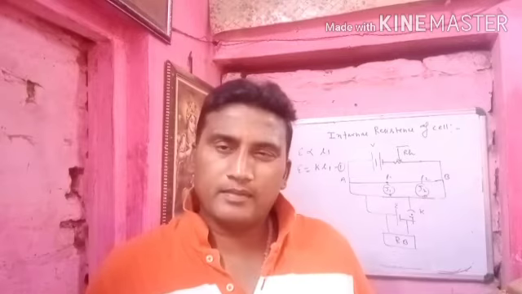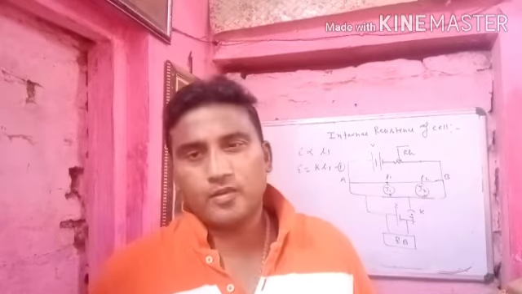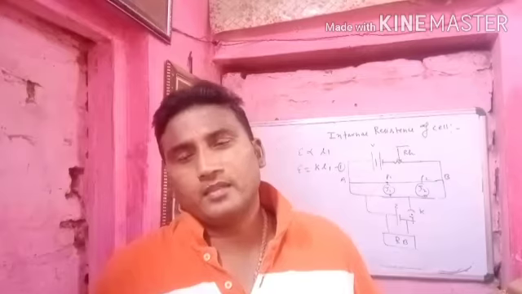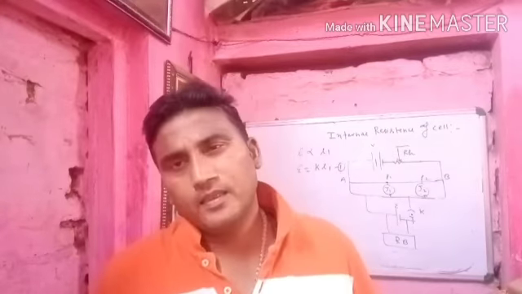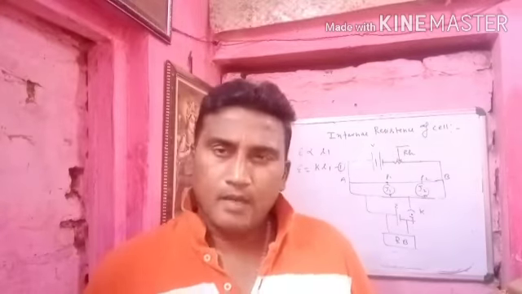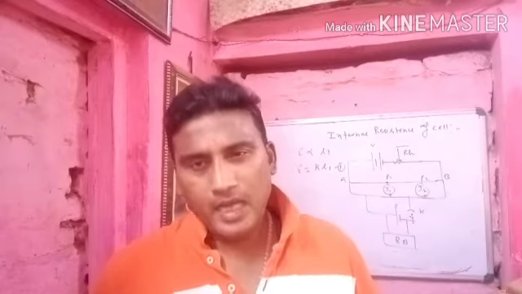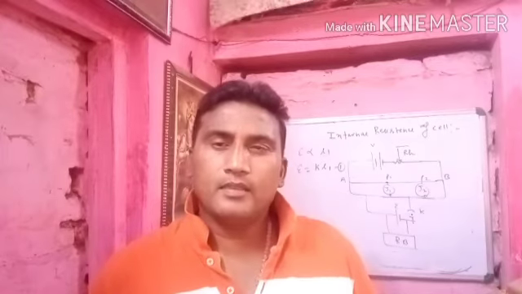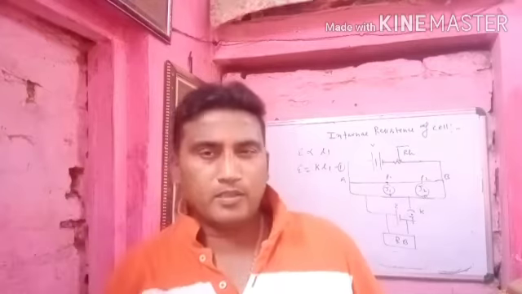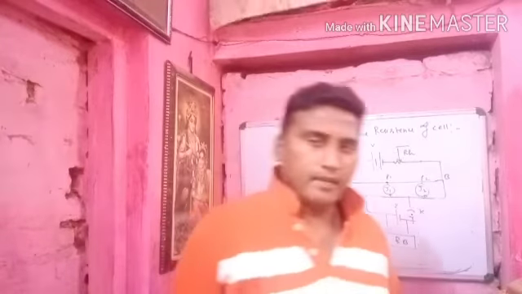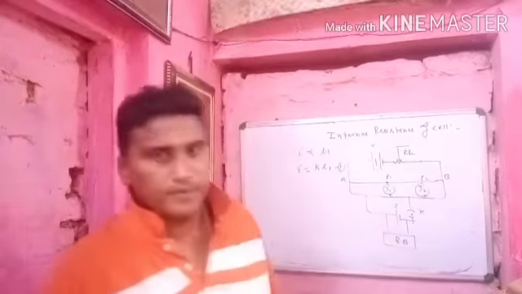When we check our circuit, if the jockey is touched from the left side, the deflection goes to the right side, and if from the right side, then to the left side. Then our circuit is correct, and we observe the EMF of the cell. E is directly proportional to L1, then E is equal to K L1. This is equation 1.